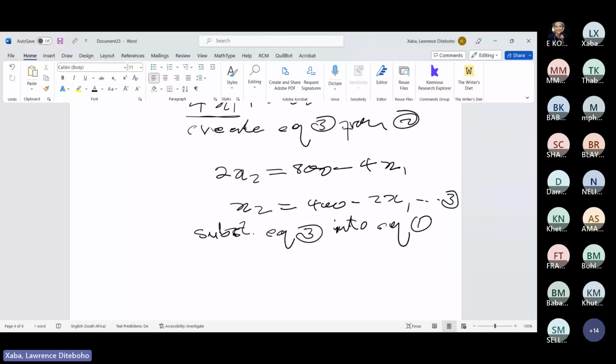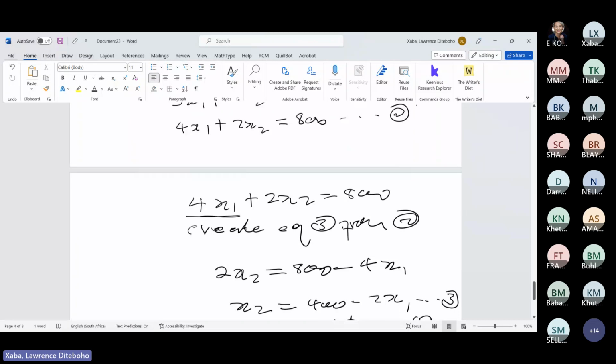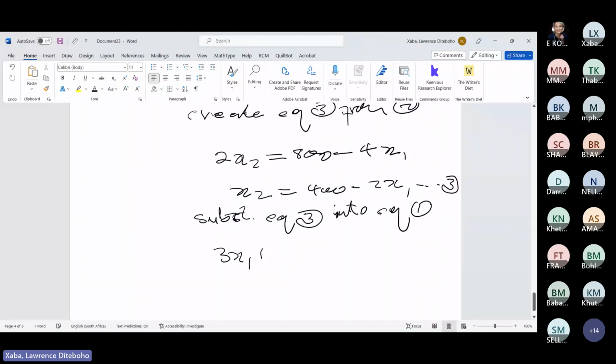Let's check what equation 1 is: 3x1 plus 4x2 equals 1,200. This is how our equation 3 looks: x2 equals 400 minus 2x1.